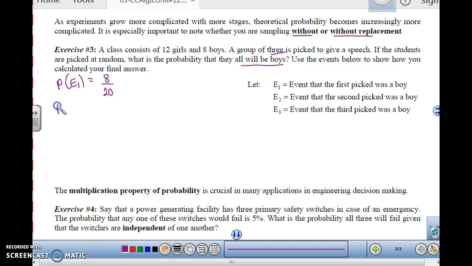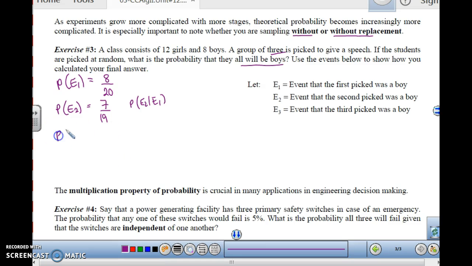Now, in event 2, the first student picked can't be picked again because he's already giving a speech. So how many boys are there now? Well, there will only be 7 boys, but out of how many total students? It will be 19 students, because this is now the probability of E2 given that you have E1. So you have to take into account what happened in E1 to do E2. So that's going to be 7 out of 19.